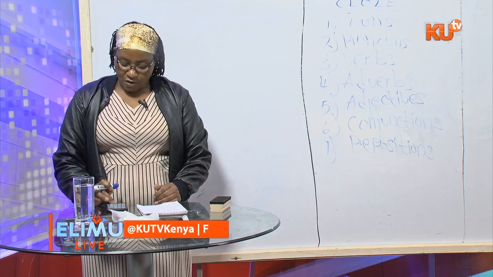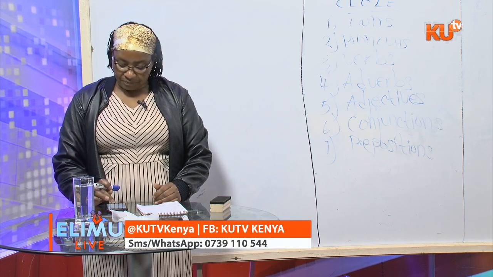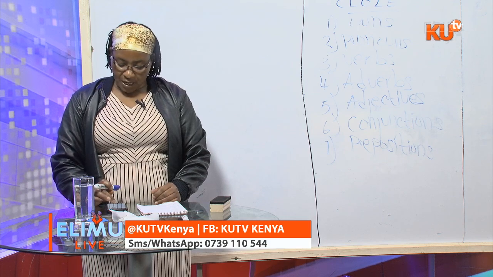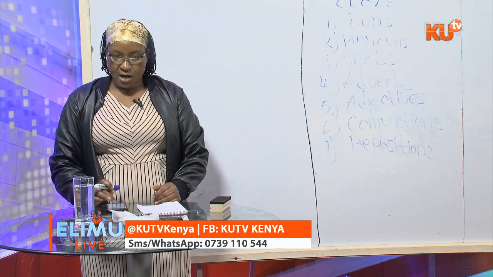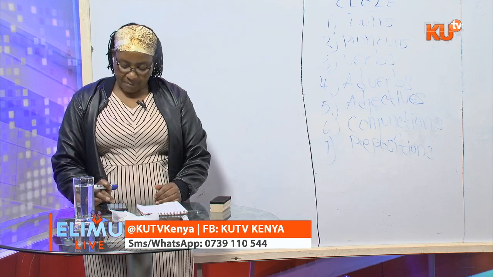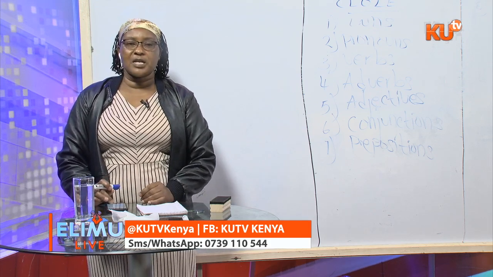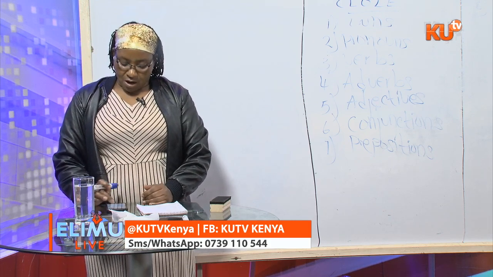Number 11, workshop. 12, administration. 13, shopping. 14, school and home. Number 15, the office. And number 16, which is the last topic in that class, is athletics.